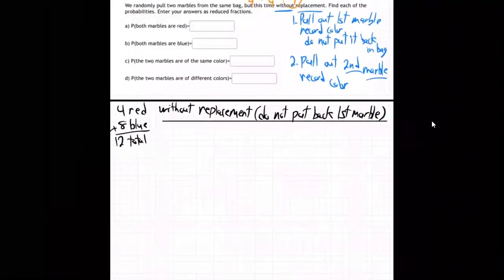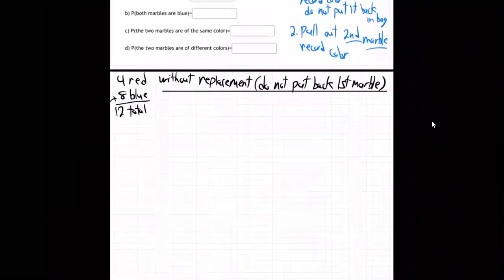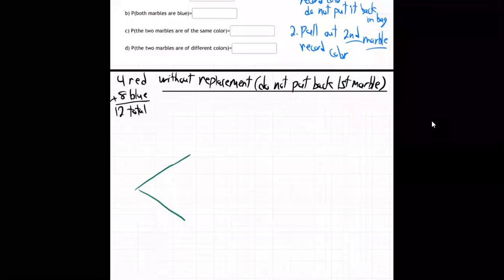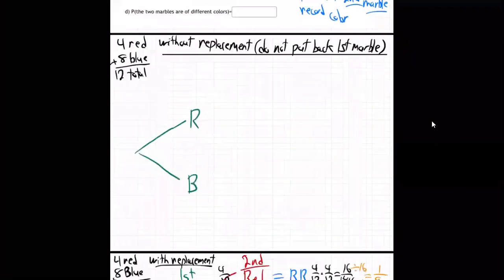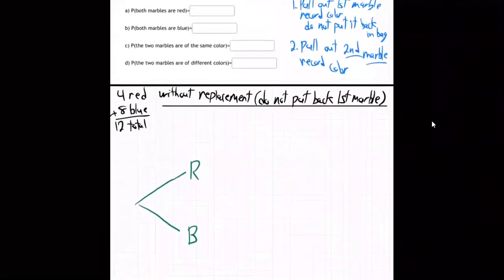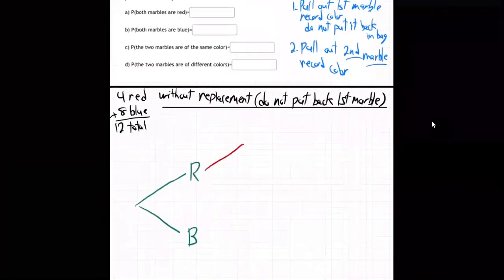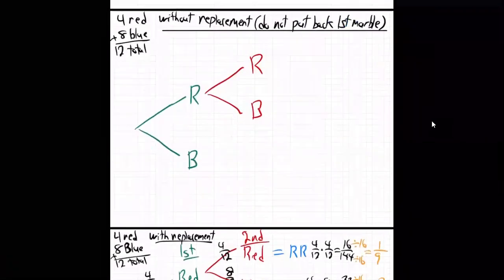Okay, so here we go. So first branching. First branching again, we get a red or a blue marble. Second branching, we also get a red or blue marble.